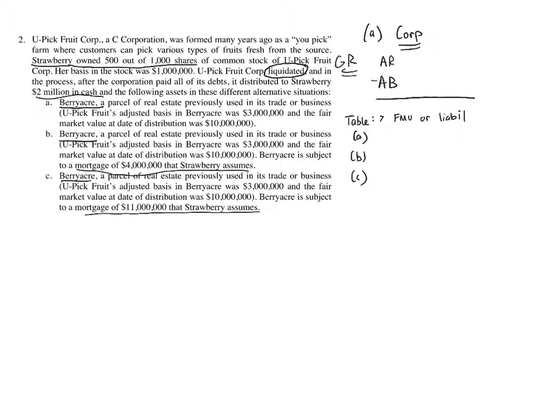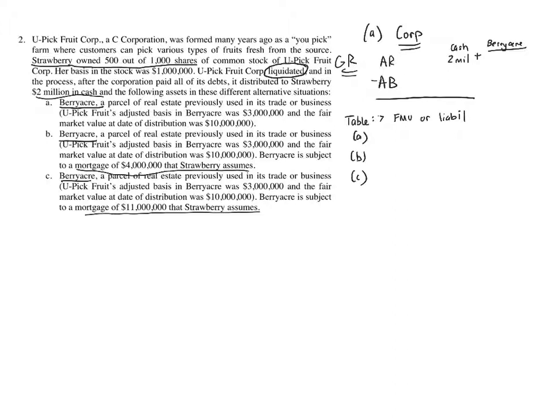So, for the corporation, you're taking the property being given up. What is a corporation giving up in this problem? Corporation's giving up $2 million of cash plus Berryacre.